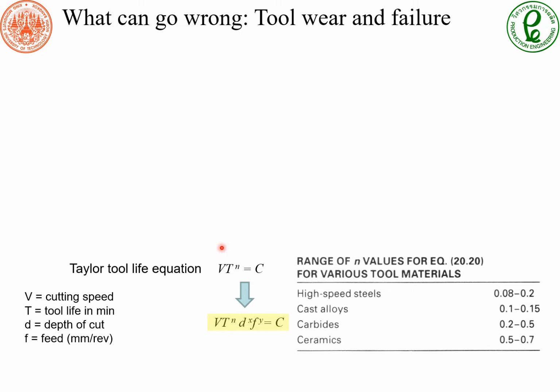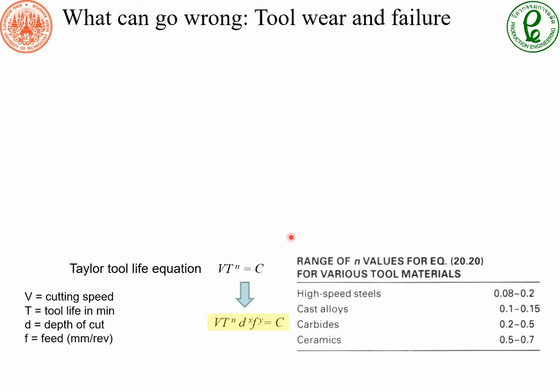V is the cutting velocity or cutting speed, and T is the tool life. The unit could be minutes or seconds, but usually it's minutes. n is the exponent, which is based on the tool material. C is the constant.